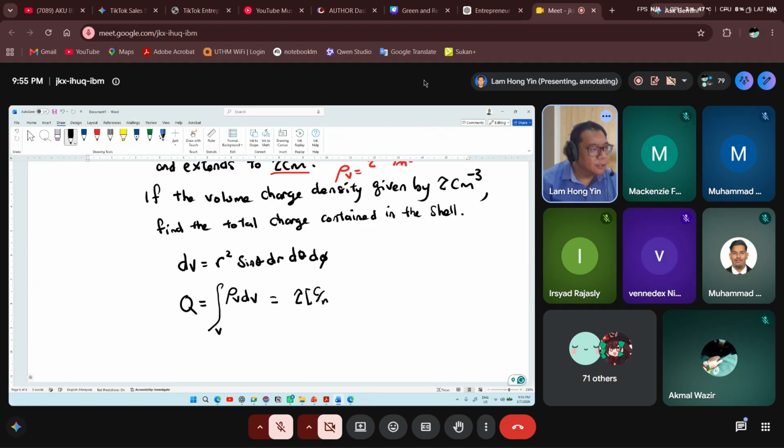And then my dV will be r squared sine theta dr d theta and d phi.